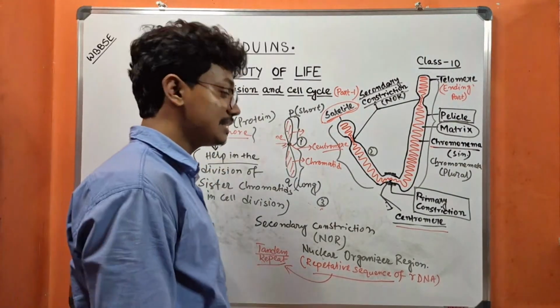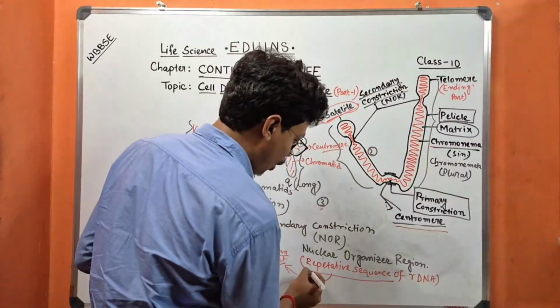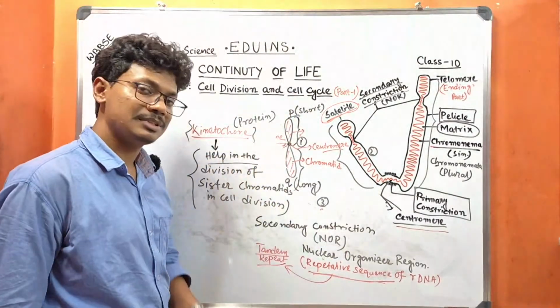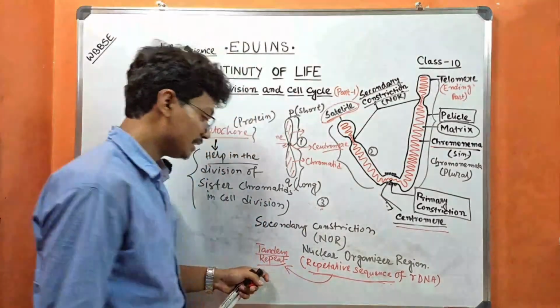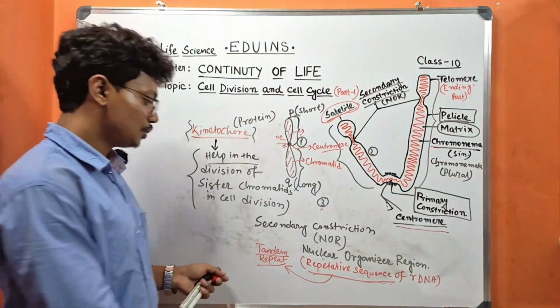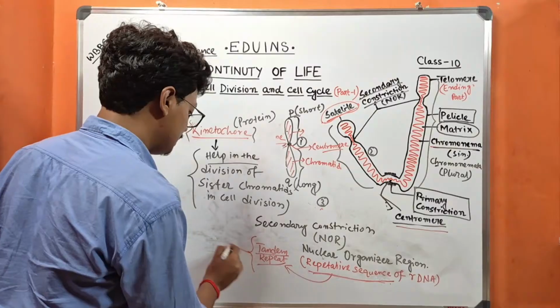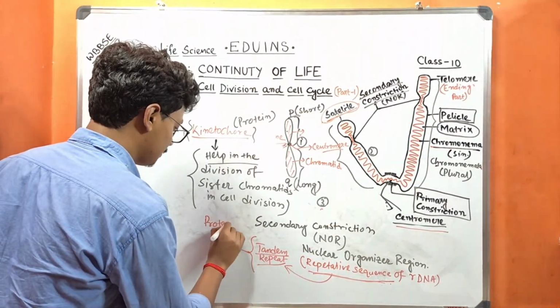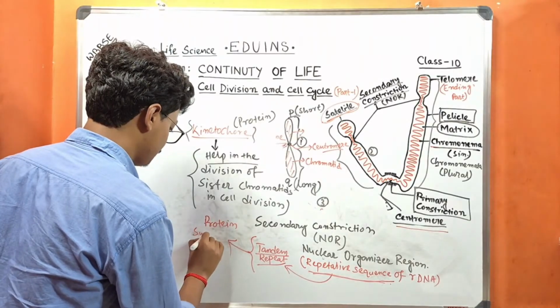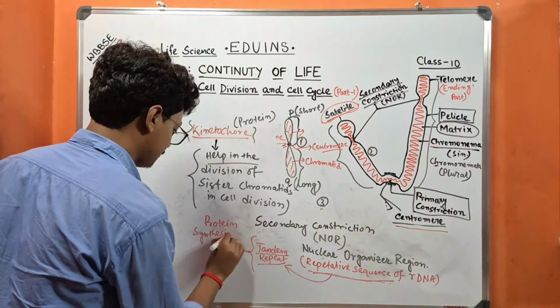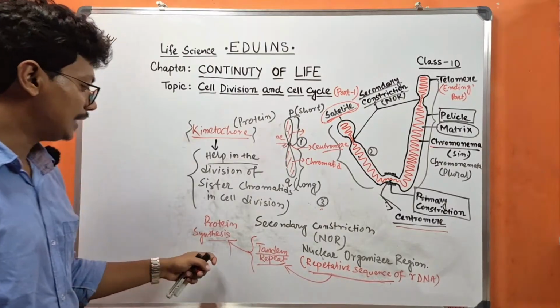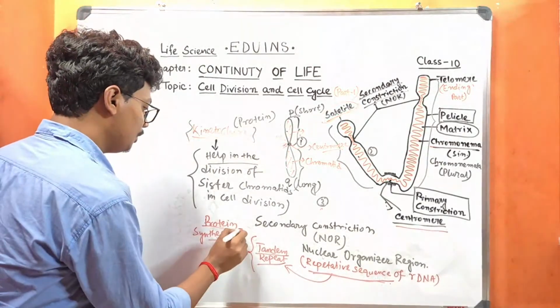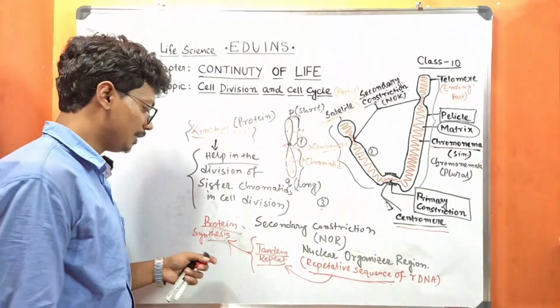When a sequence is overlapped or repeated in a cycle, this is known as a tandem repeat. These tandem repeats are responsible for protein synthesis. This protein will help in several functions of the body.